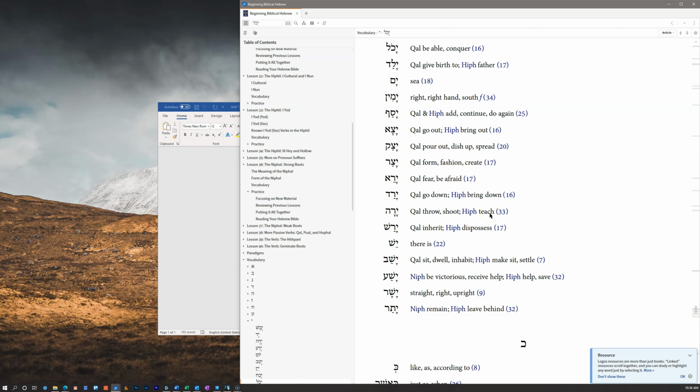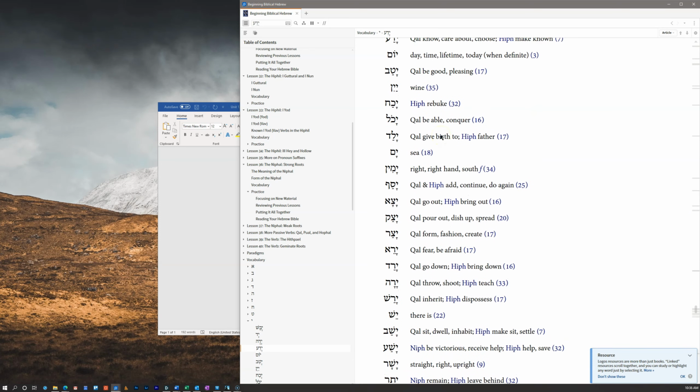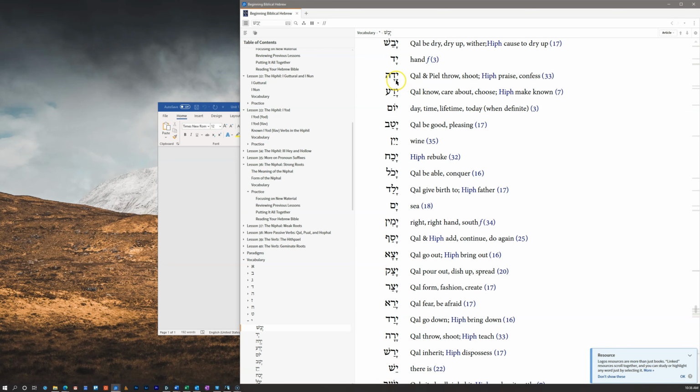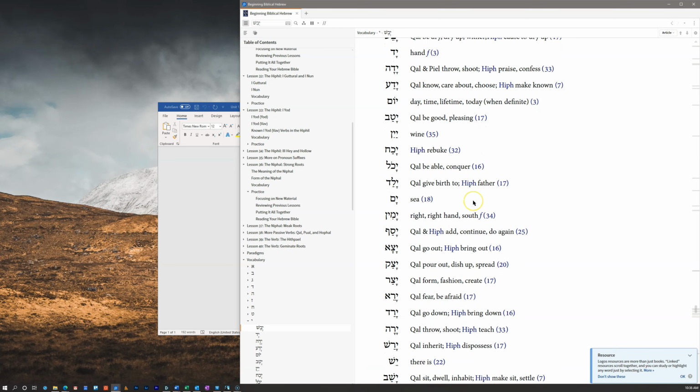I have a terrible time with this verb because what was the other one that was throw or shoot? Yeah, yada. And they're so similar, like the resh and the dalet are so similar. I have a terrible time with these. So one means throw or well, they both mean throw or shoot in the qal.